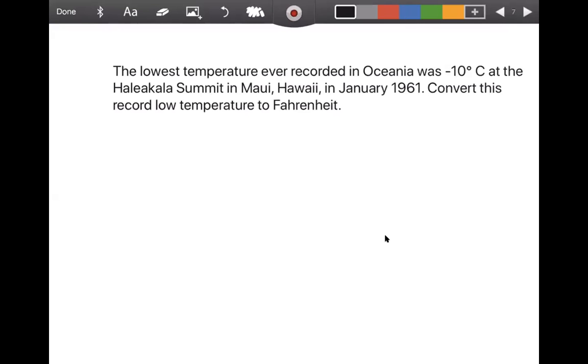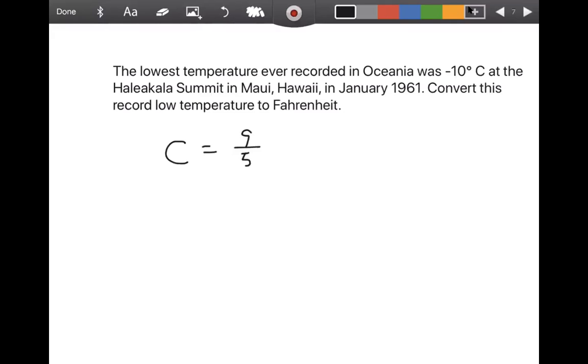Okay. The formula to convert Celsius to Fahrenheit is C equals 9/5. Wait a minute. Hold on a second.